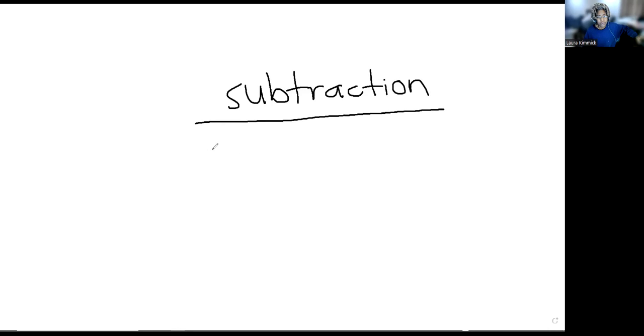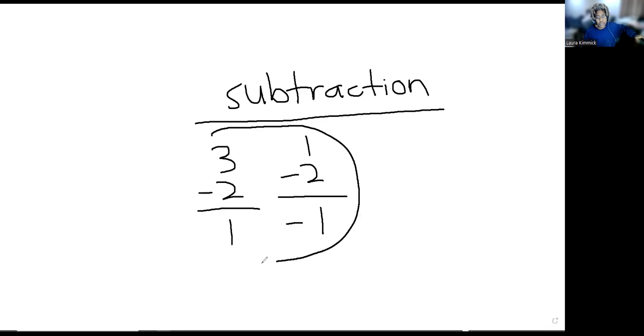Now with subtraction, 3 minus 2 equals 1. Okay, so we can go backwards. So it would be 1 minus 2 would be negative 1. So see, the answers are different. Positive 1, negative 1. So this is the example. You should follow this one right here.